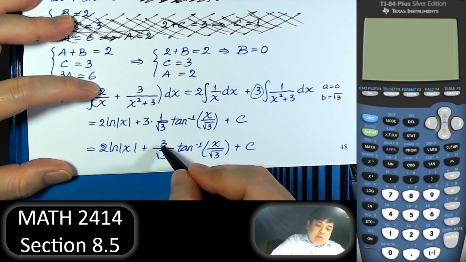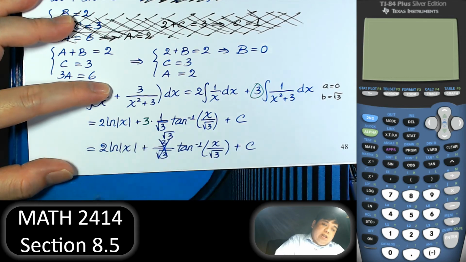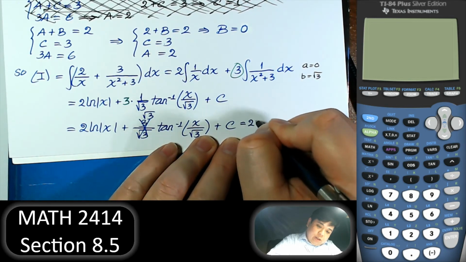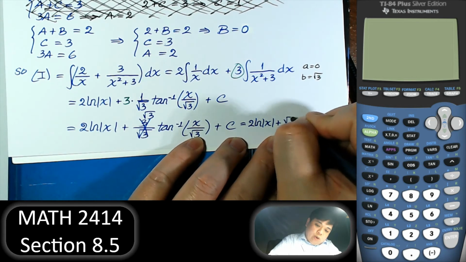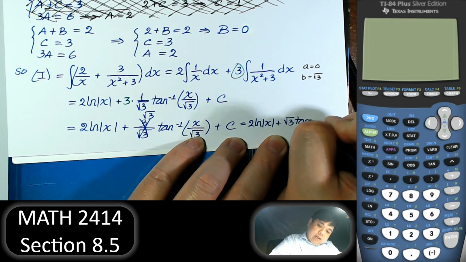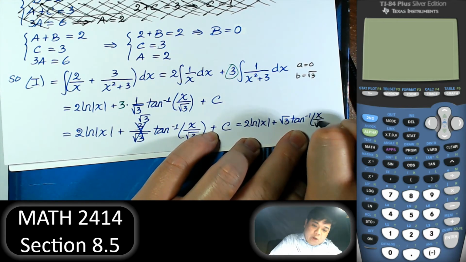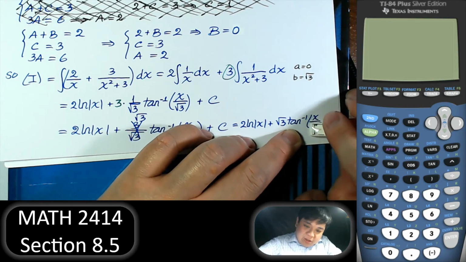And then we can simplify 3 over square root of 3 and square root of 3. So we have 2 ln of x plus square root of 3 tangent inverse of x over square root of 3.